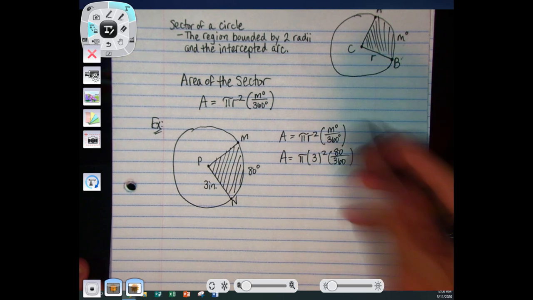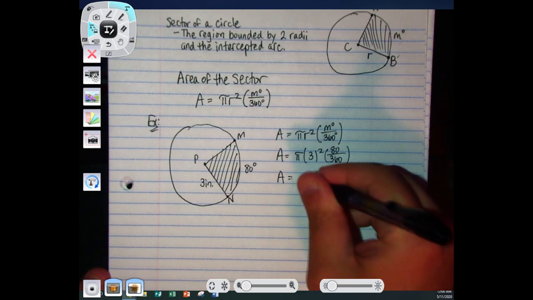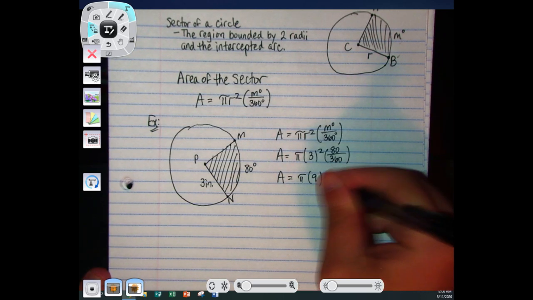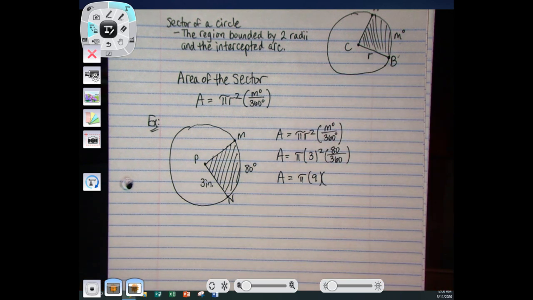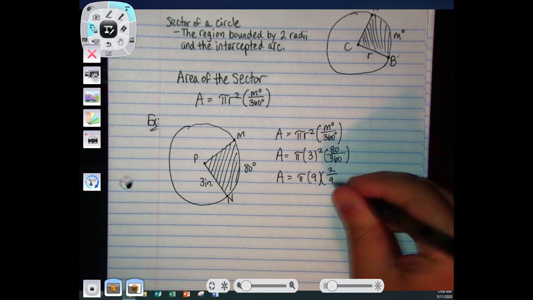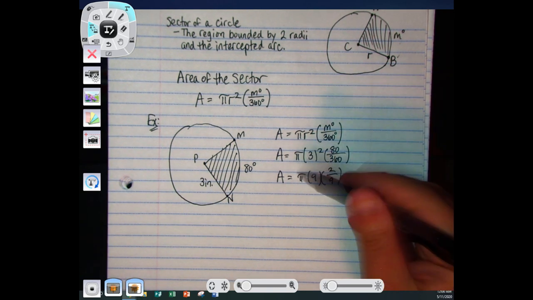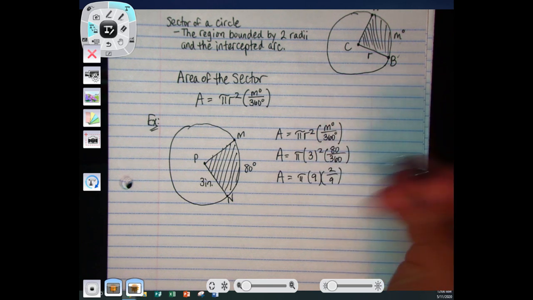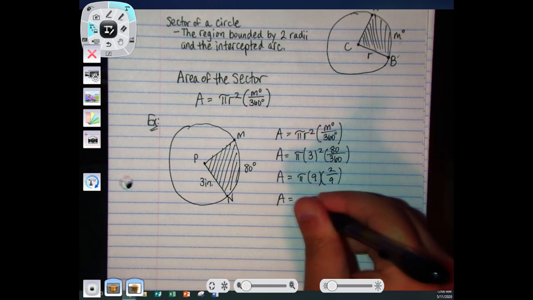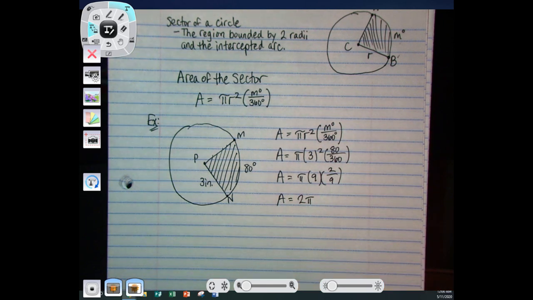Well, I know 3 squared, that's 9. So pi times 9 times, so I'm going to use my calculator here to simplify 80 over 360, make it easy for myself. And we get an answer of 2 ninths. Sweet. Well, 9 times 2 ninths, that's 2. So the area is equal to just 2 pi.